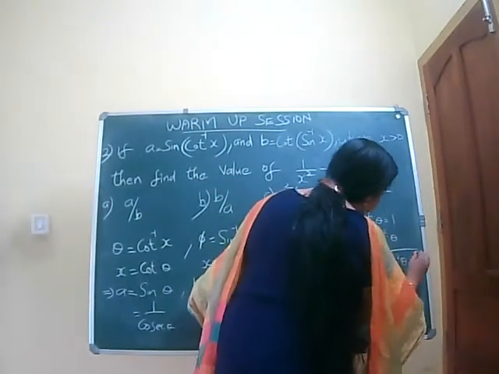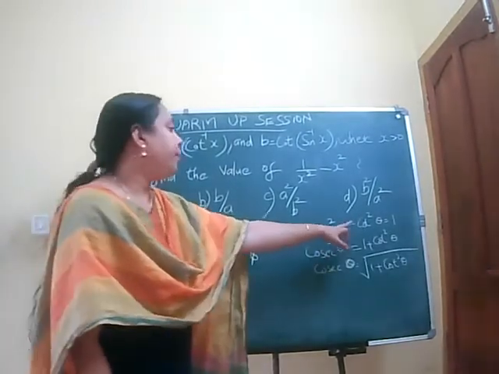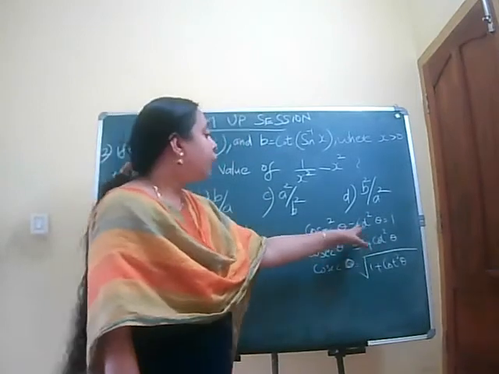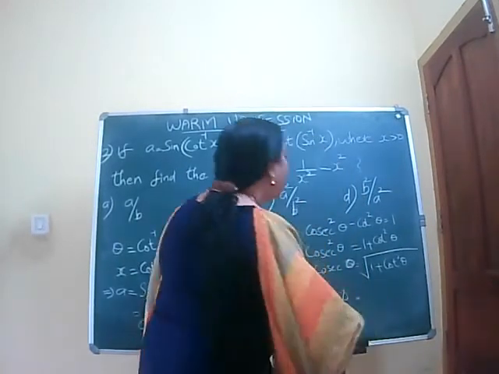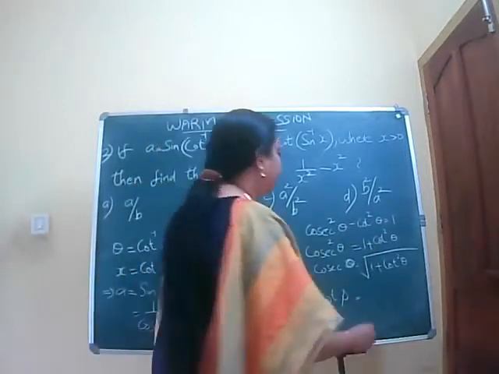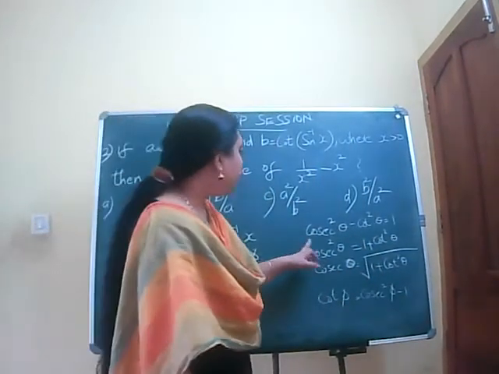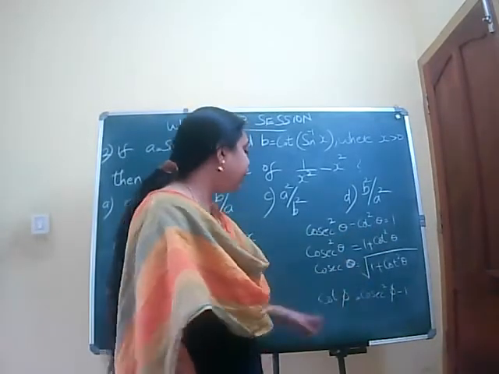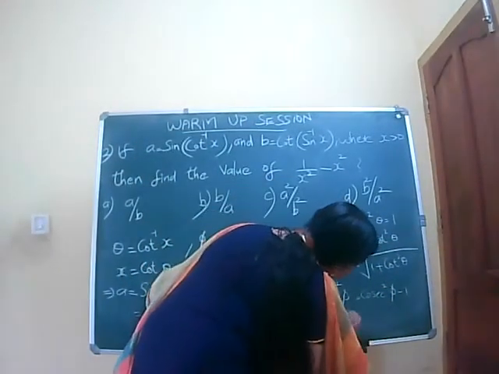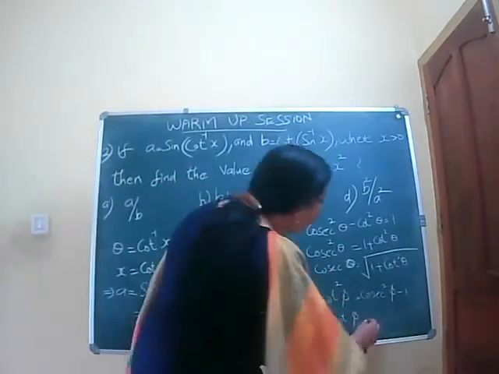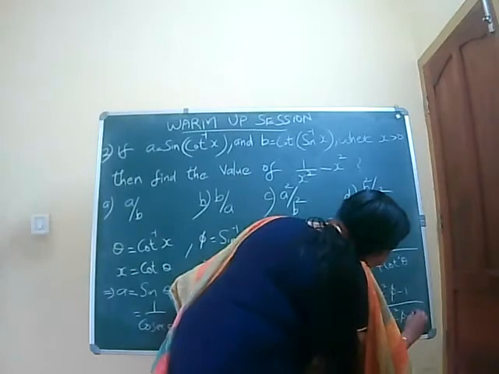Now we find cosec square phi minus 1 equal to cot square phi, so cot phi is equal to square root of cosec square phi minus 1.